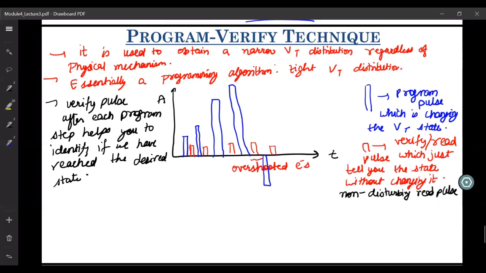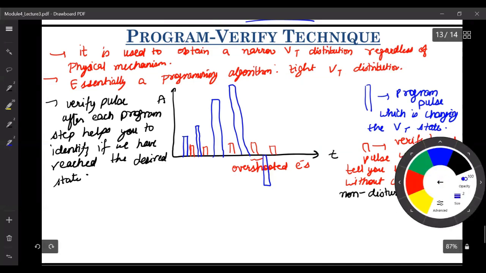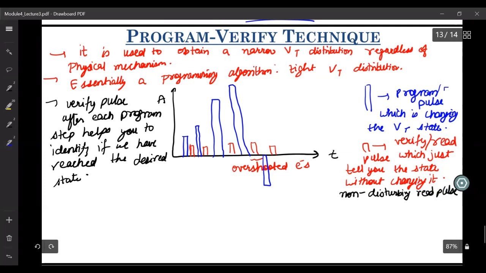Here, let me also write that this program pulse can also be an erase pulse. It can be a program or erase pulse. So you apply a verify pulse after each pulse through which you want to change the state of the memory. By that, you not only achieve a narrow VT distribution, but you also achieve the desired value very precisely.